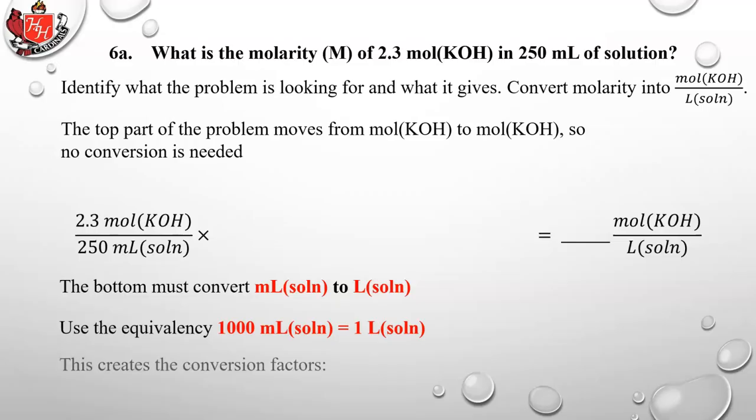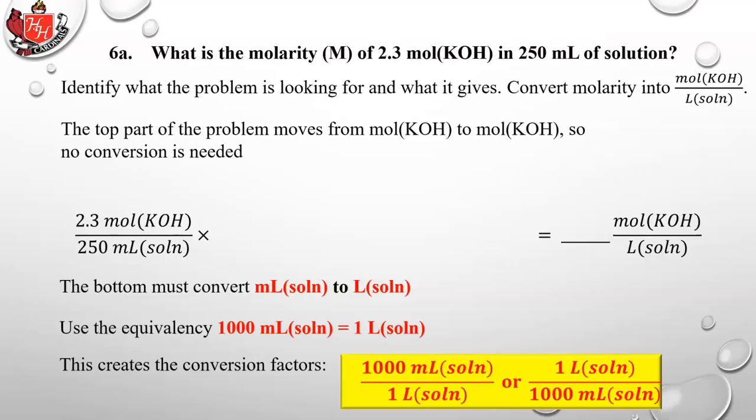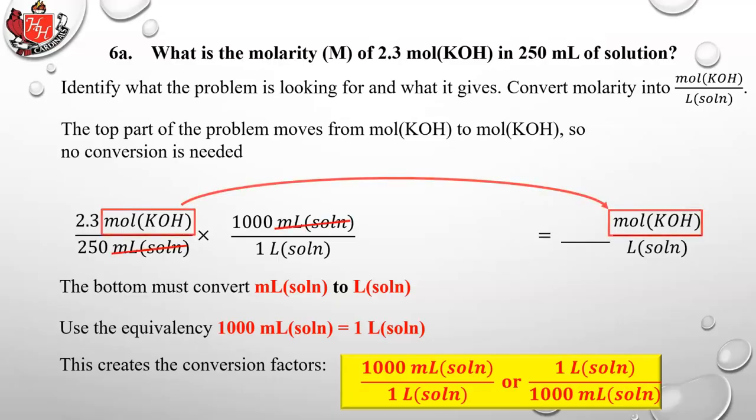Think about it. There are 2 conversion factors, and we are going to use the first one on top, the second one on bottom. So it's 250 milliliters times 1,000 milliliters over 1 liter. Milliliters cancels, and now what you have is liters of solution on the bottom, and that's what you wanted.